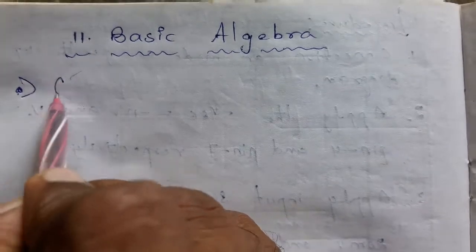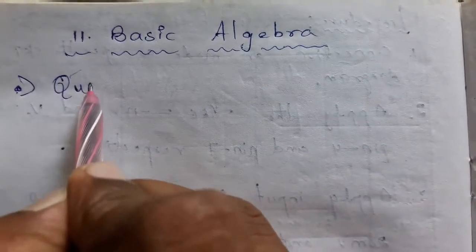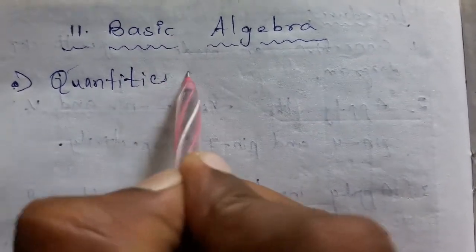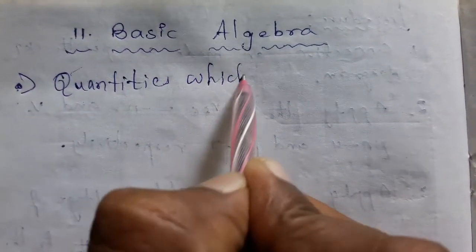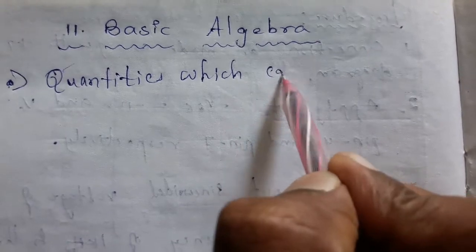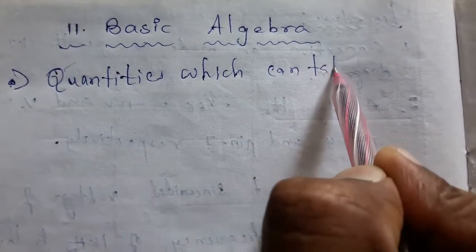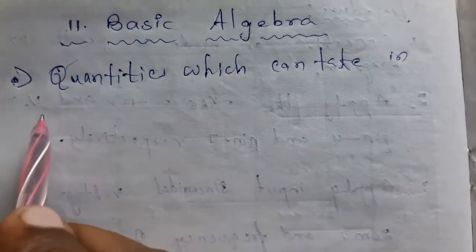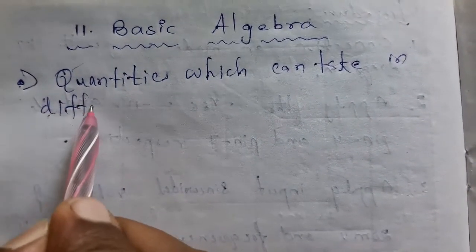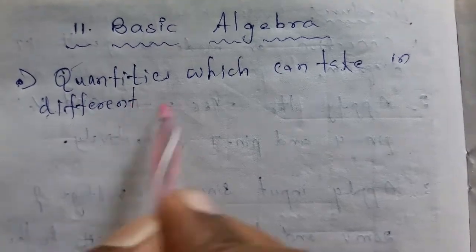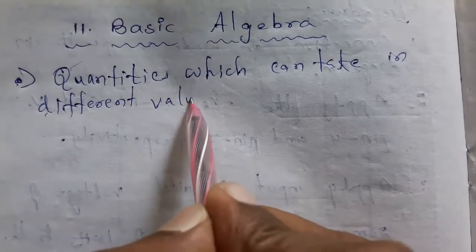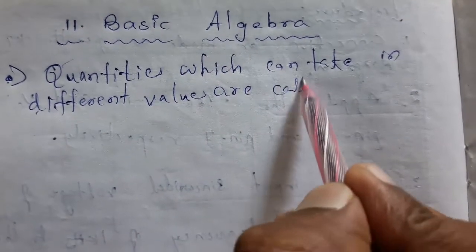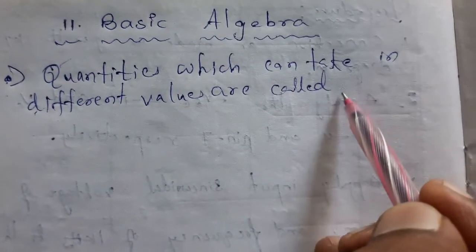Now first, quantities which can take different values are called variables.